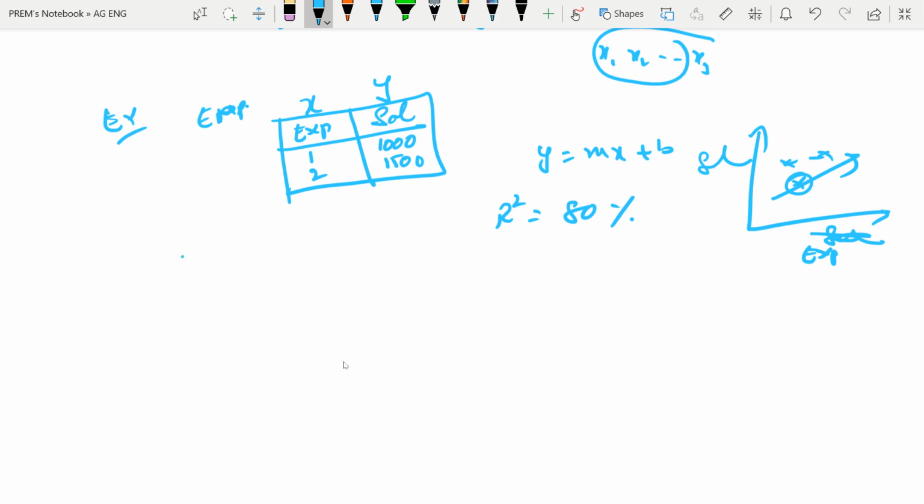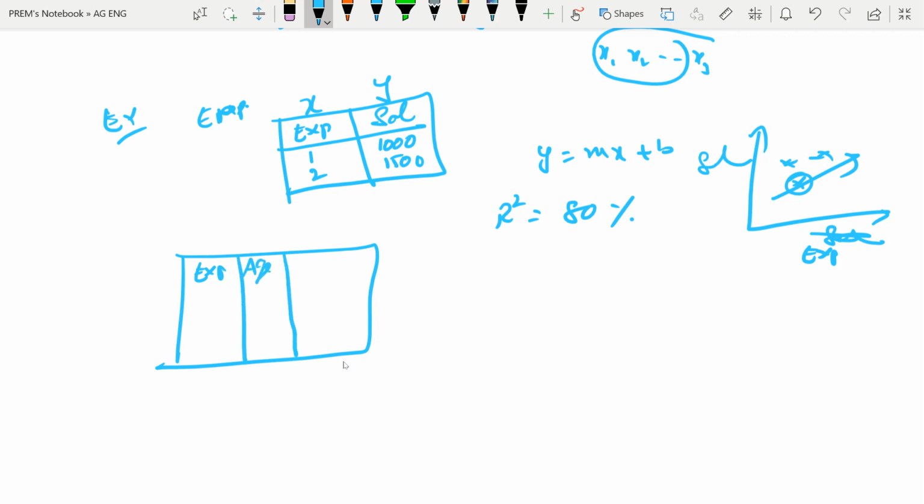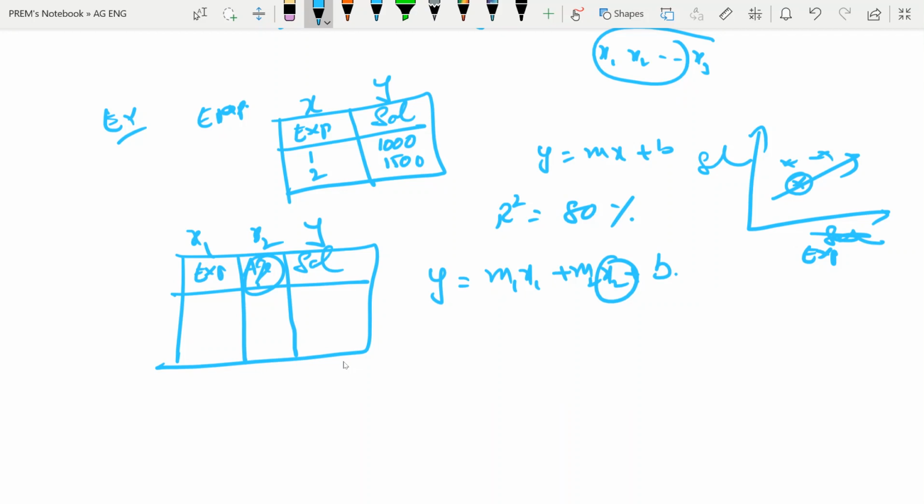Suppose I add one more feature, age, alongside experience and salary. So this is x1, this is x2, and this is y. Now our model is y equals m1 x1 plus m2 x2 plus b, where x2 is the age. But age is not relevant for predicting the target variable salary.